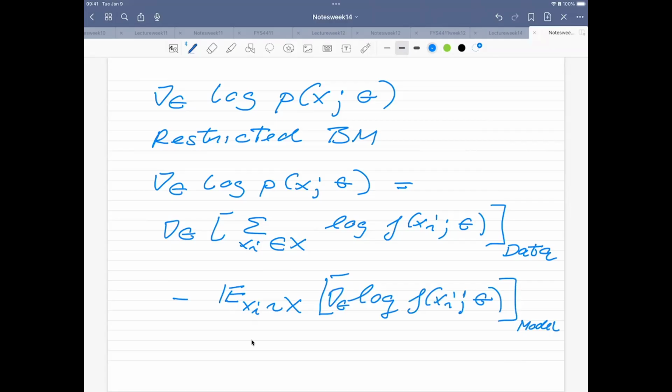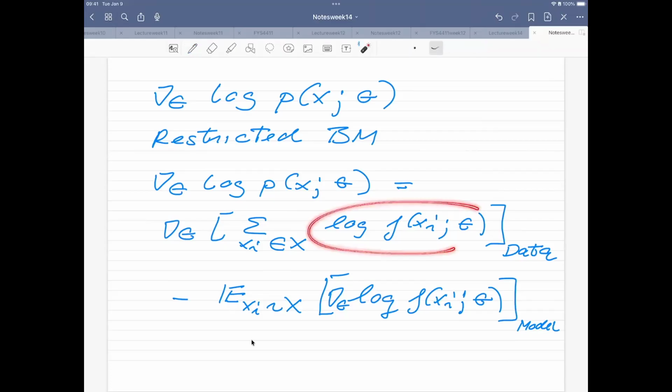So this is the quantity which is called a contrastive divergence. And I just wanted to say quickly why these kind of words come up, because you have the contrast between two terms. One term depends on the data itself, which you have here.